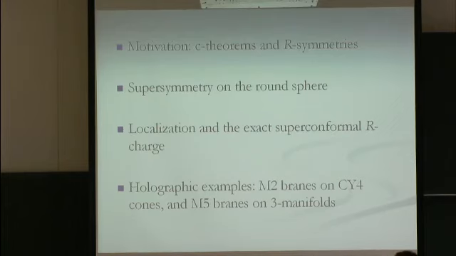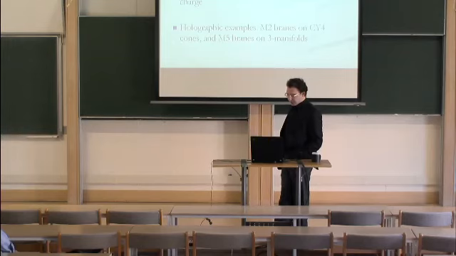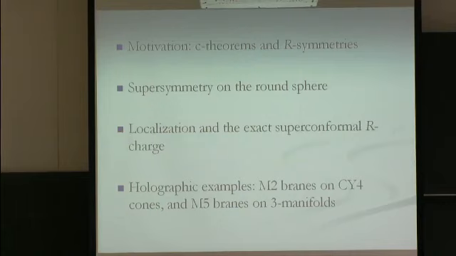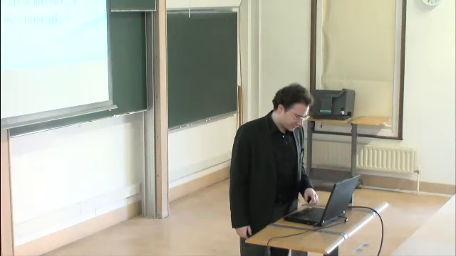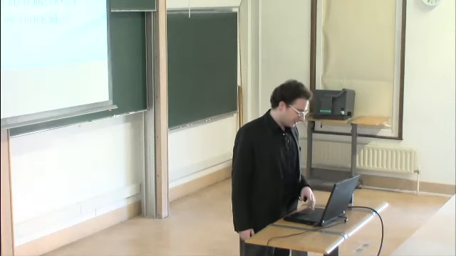The first one comes if you put n M5 branes on a Calabi-Yau fourfold, then you get some dual like AdS4 times the Sasaki-Einstein, and you can match this field theory calculation of this sphere free energy with the gravity calculation. And then I'll also talk to you about this new stuff, which is putting n M5 branes on a 3-manifold. And there we don't have an explicit field theory dual, but through some kind of trick, we can still compare something on gravity and field theory sides.